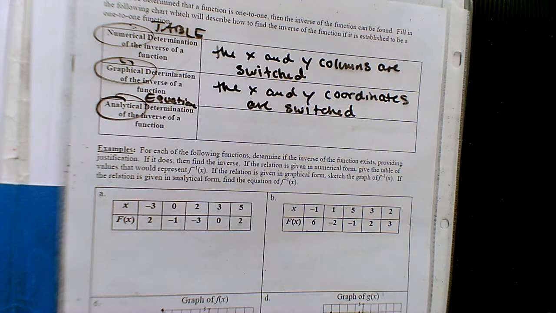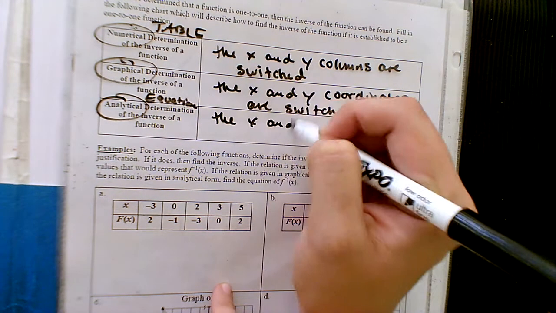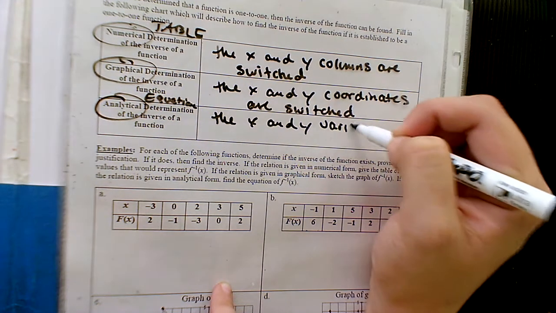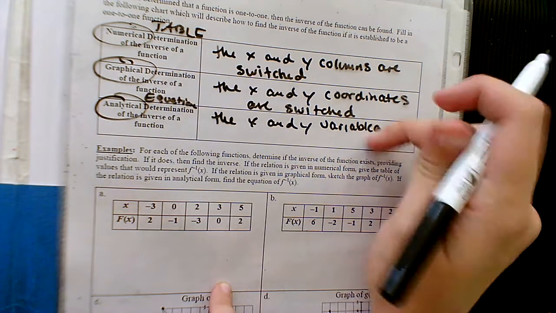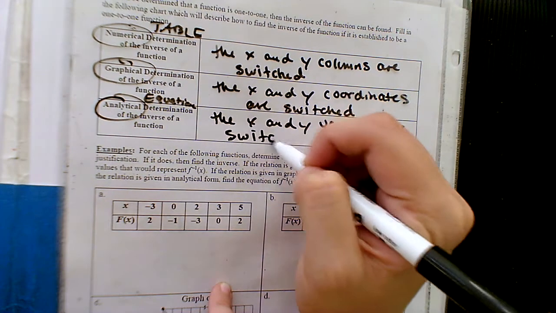You don't have x and y columns, you don't have x and y coordinates, you have x and y variables in the equation. So the x and y variables are switched.